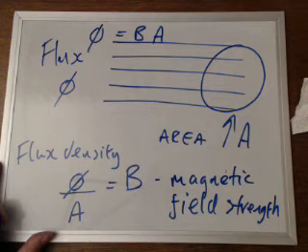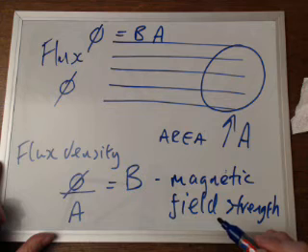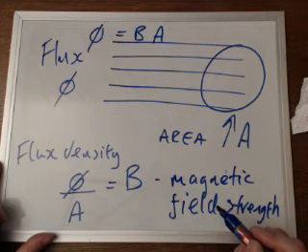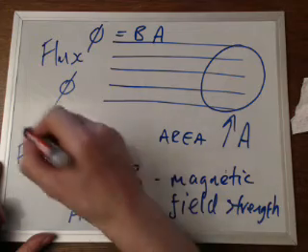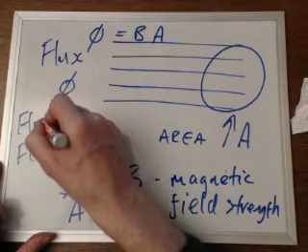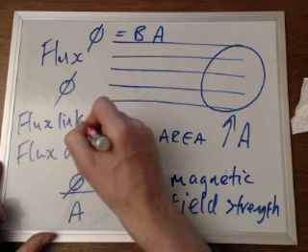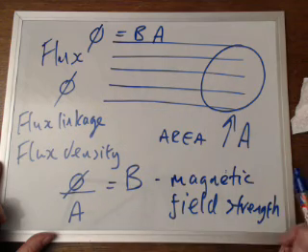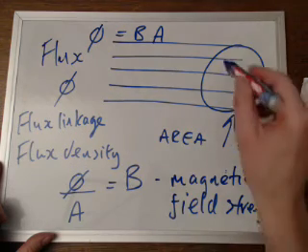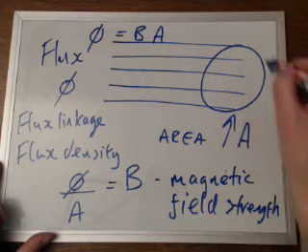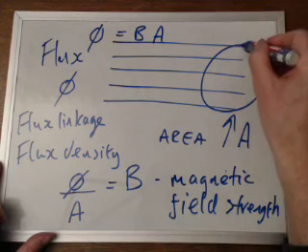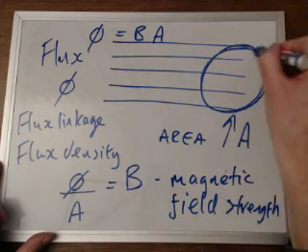Now, we also had a term in Faraday's law, this idea about linkage. So flux linkage can be thought of as, if you like, that's an area, that's a single coil of conductor. You've had more coils, okay?